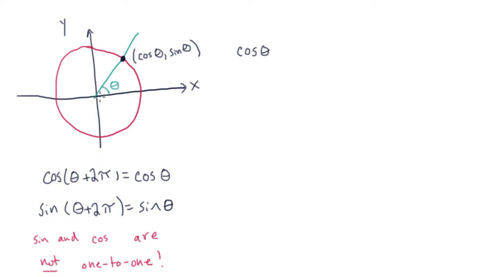So it looks like if theta is from 0 all the way to pi, we'll have a unique output in some sense. So we'll restrict the domain to the interval 0 to pi. This is for cosine theta.